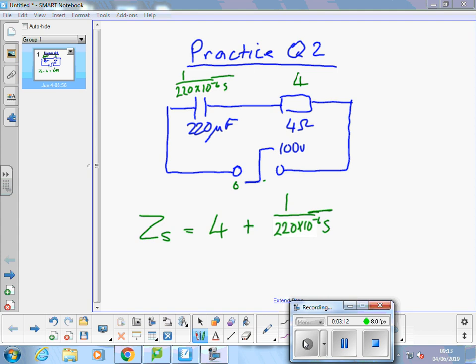In actual fact, I think in this instance it's probably less confusing and easier for the rest of the problem if you write that impedance as 0.3022 S. Sometimes it's just easier than using the times notation. Keeps things together. All right? So we've got that. Now what do we do?